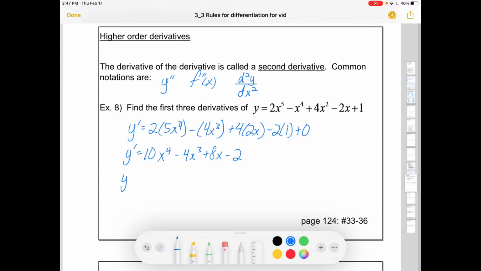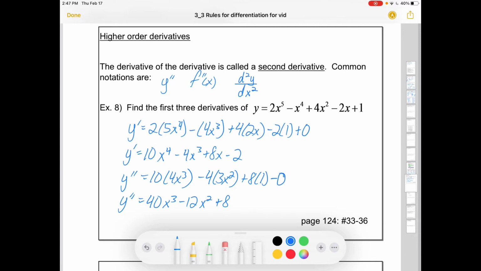The second derivative just means doing the same thing again. So it'll become 10 times 4x cubed minus 4 times 3x squared plus 8 times 1, and the negative 2 will turn into a 0. So y double prime is 40x cubed minus 12x squared plus 8.